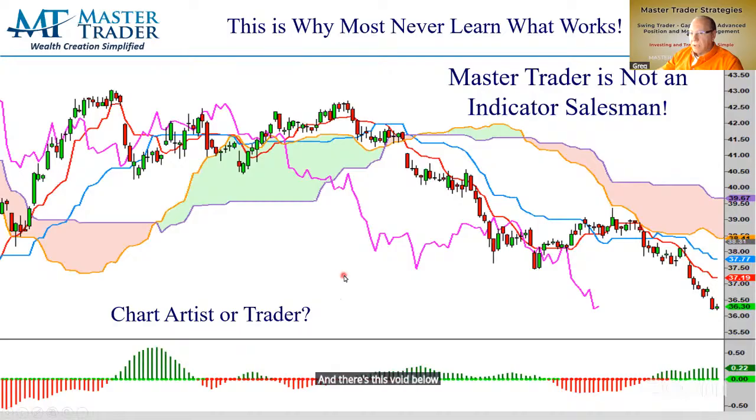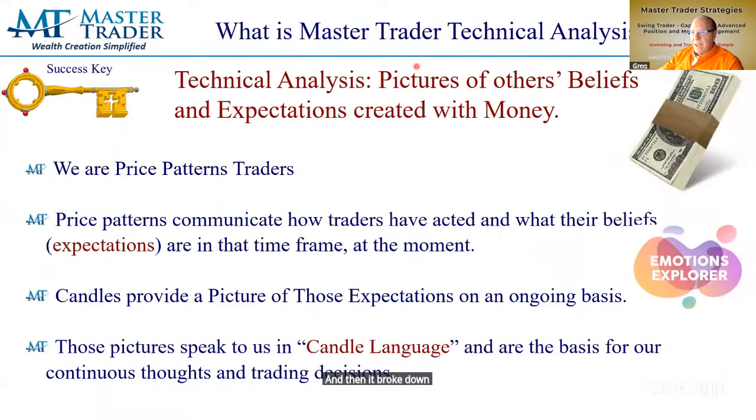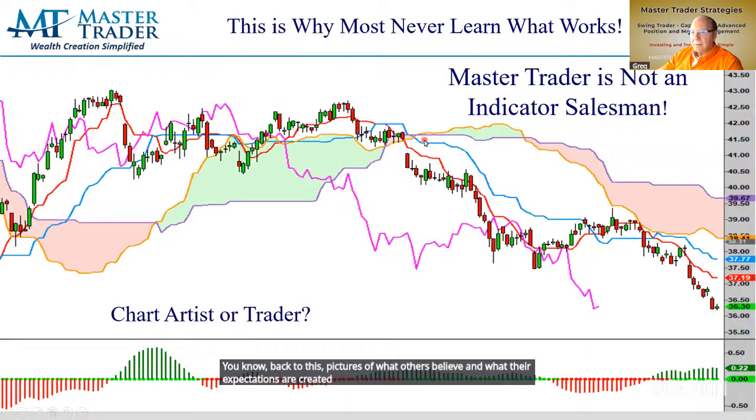I don't know, does a cloud tell you where there's a void? As prices went sideways all that time, this correction through time was preceded by a move up, and then it broke down. Back to this: pictures of what others believe and what their expectations are, created with money.